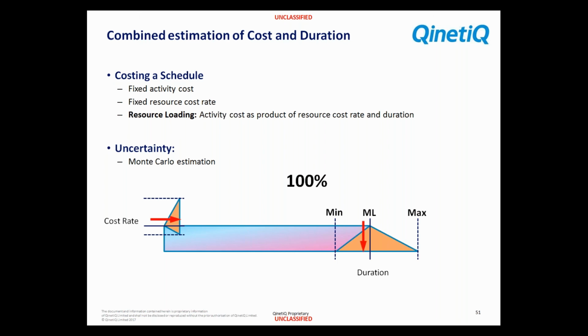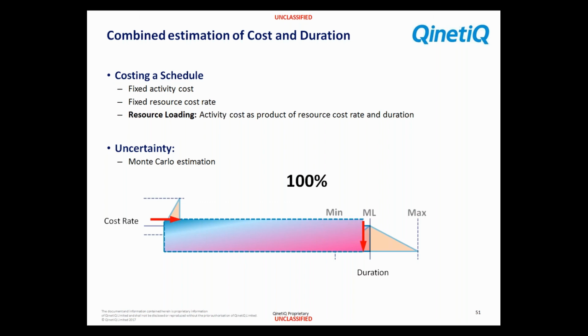And in this first iteration we can have a duration, which is just to the left of that most likely. So what is the likely cost of this first iteration? It's essentially the area within that shape. It's the duration multiplied by the cost per month, per day, per year.